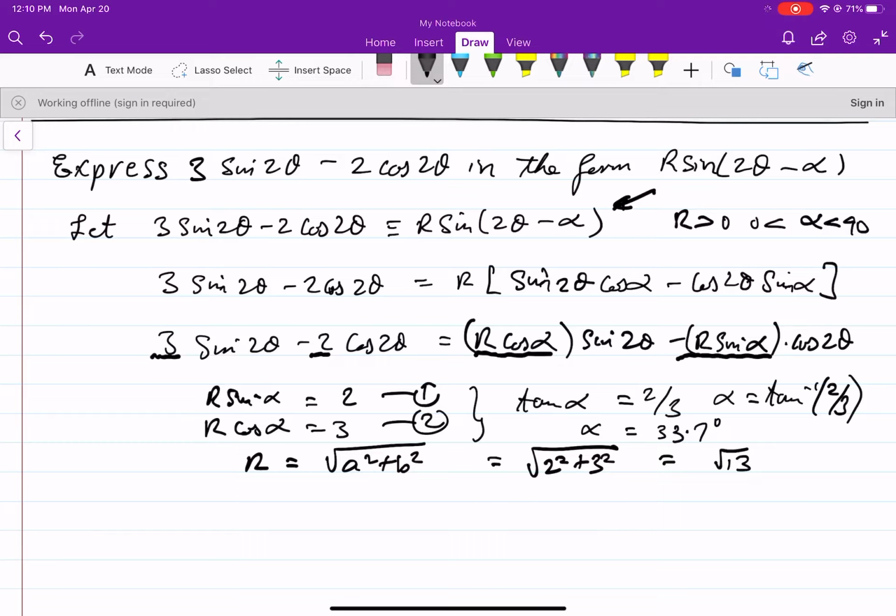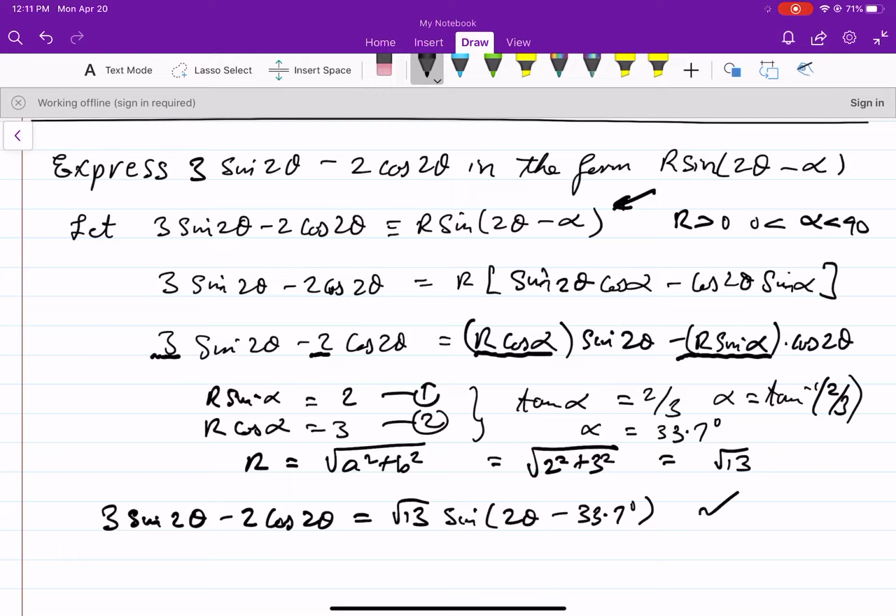So I've answered the first part. 3 sine 2 theta minus 2 cos 2 theta is written as root 13 times the sine of 2 theta minus alpha, and alpha is 33.7 degrees. Voila. That's our first part.